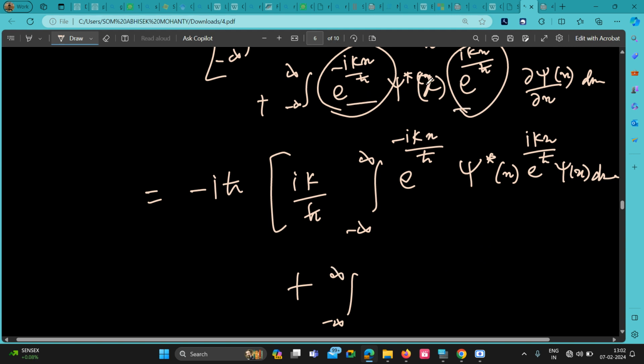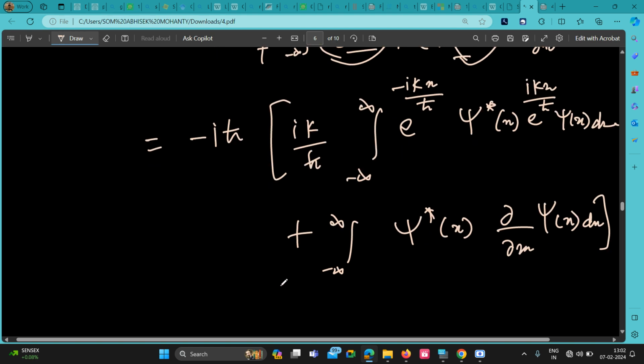These two are giving me 1, so only psi star x del by del x of psi x dx is left. Is that right? Now these two will also be cancelled out, giving me 1.